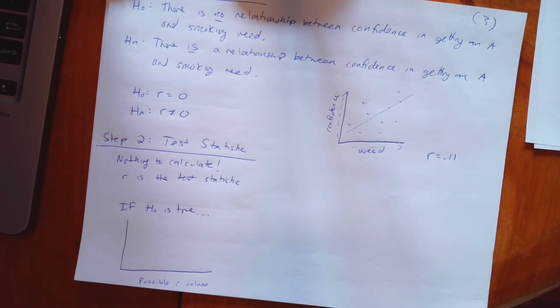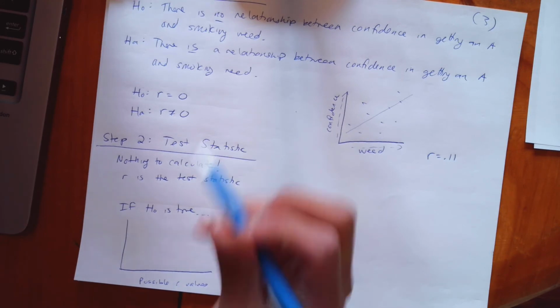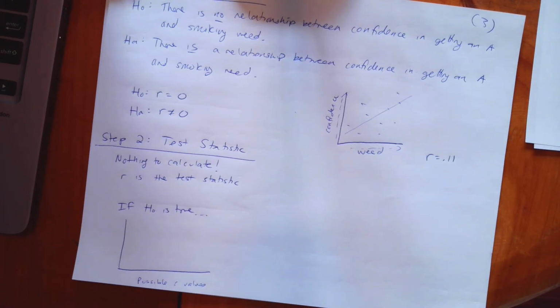You might just happen to get a sample where people who smoke weed more have more confidence in getting an A and vice versa. So that's just a possible outcome you can get just by chance when you take a sample. So it's possible that even if R was really 0 in the population, you would get an R value that was something other than 0, and it could be higher or lower. Then you also have the probability of getting each one.